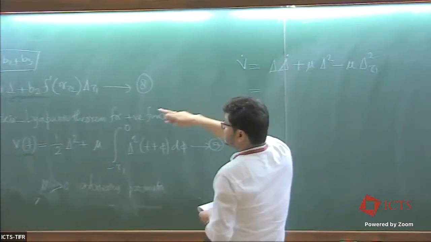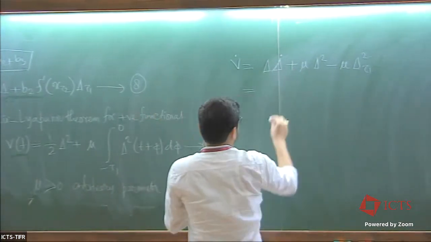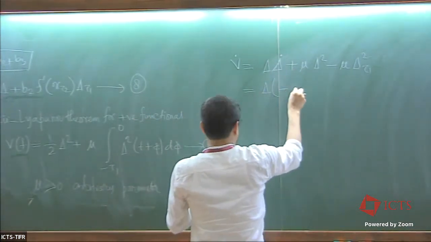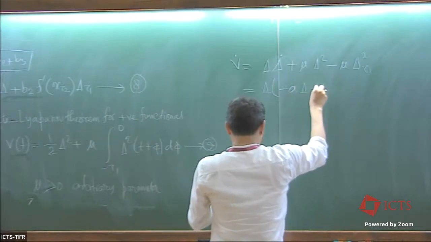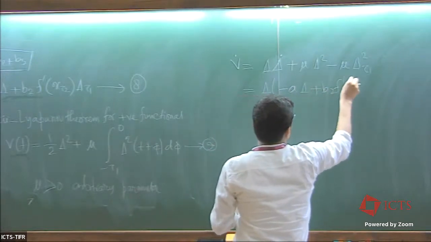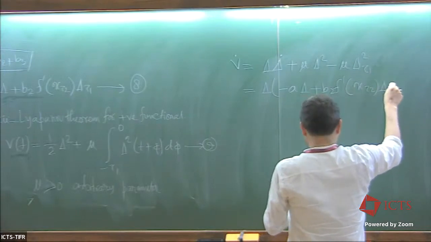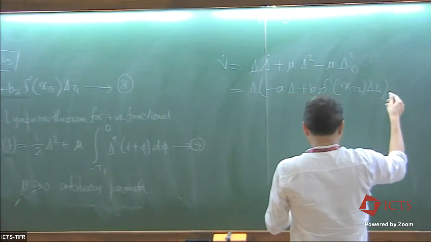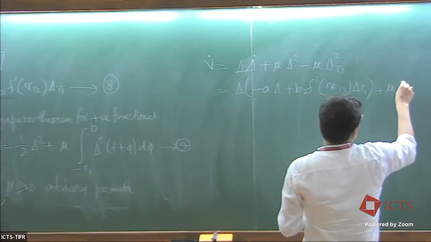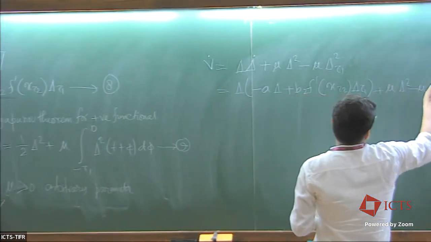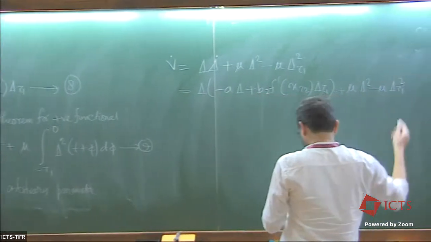Substitute the value of delta dot from here: delta dot is minus a delta plus b2 f prime x tau 2 delta tau 1, plus mu delta square minus mu delta tau 1 square.